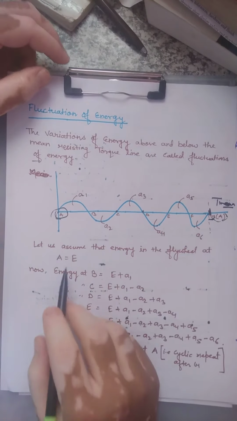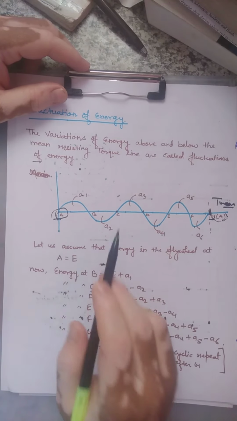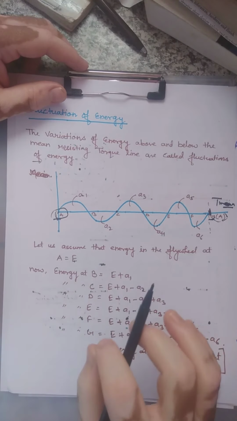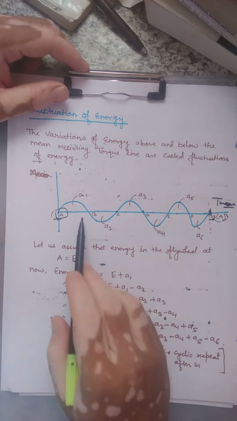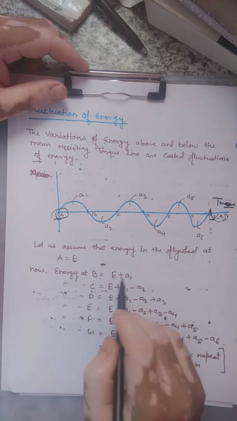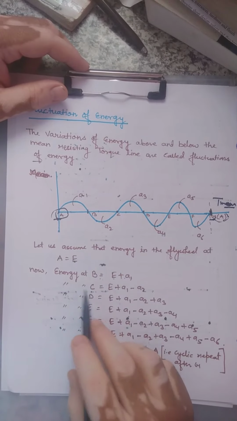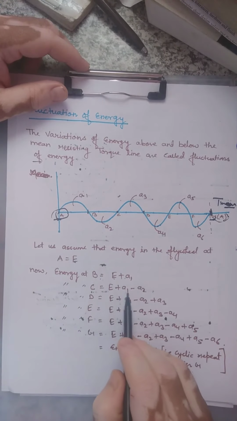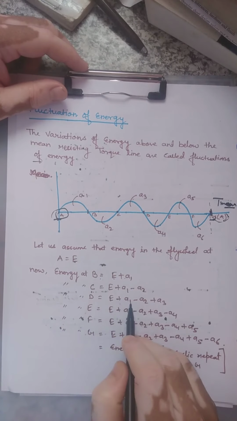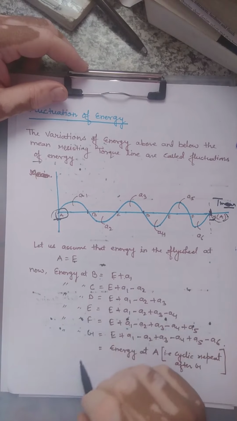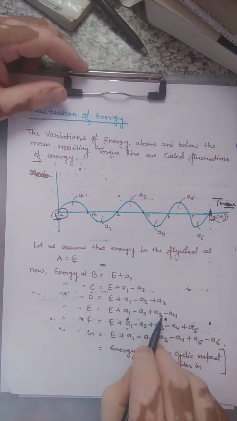Now let us assume that the energy in the flywheel at A, at the very beginning, is E. Then the energy at B will be E plus A1. At C, E plus A1 minus A2. At D, E plus A1 minus A2 plus A3. At E, E plus A1 minus A2 plus A3 minus A4.